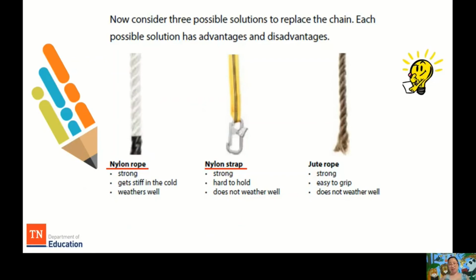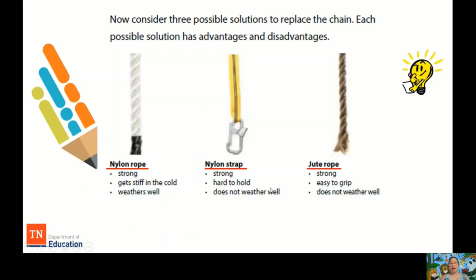If you think about the strap, it's skinny, it's thin, so it's probably not that comfortable to hold, because it's all flat and kind of not really sharp on the ends, but not really soft either. It does not weather well. Wow, isn't that interesting that they have the same material, nylon, but the rope weathers well, and the nylon strap doesn't. I wonder why.